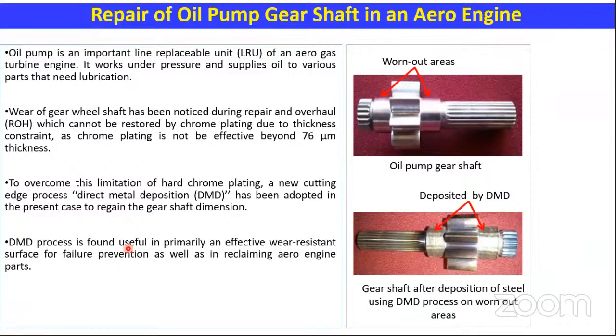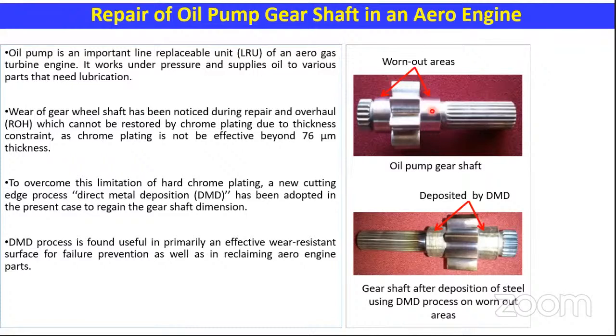So quickly, some of the applications where this concept has been deployed: as you can see, this is an oil pump gear shaft used in the aero engine. These are the worn out areas during service, and once they wear out, these components would be discarded due to dimensional inaccuracies and loss of dimension.